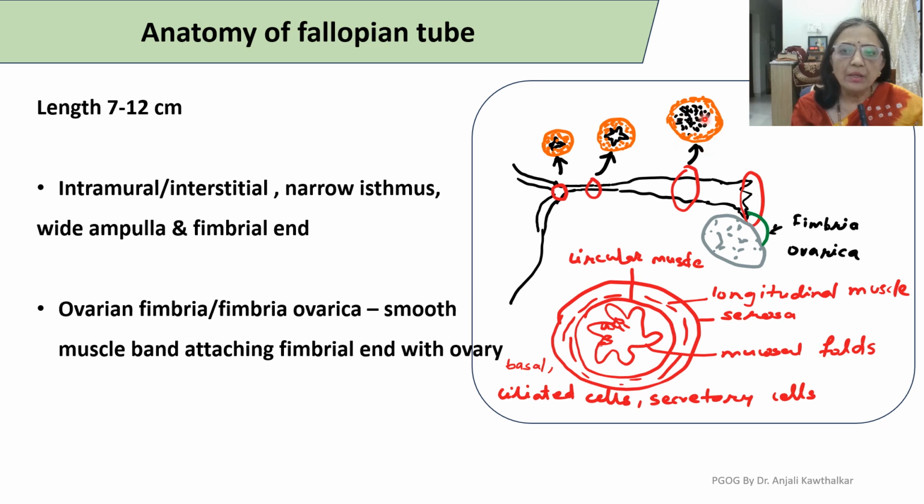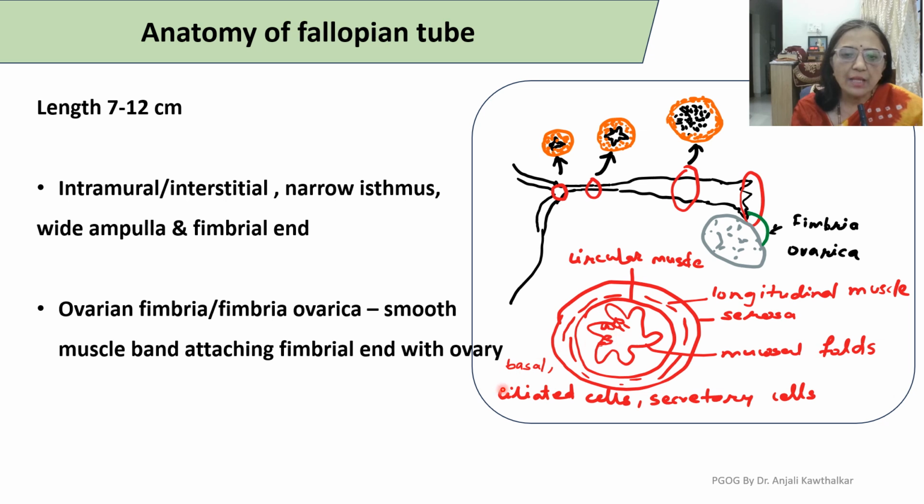These multiple folds are mucosal folds. That means though it is a single lined epithelium, there are mucosal folds lining the inner wall of the fallopian tube, and the cells lining these mucosal folds are tall columnar cells. We have a total of three types of cells.